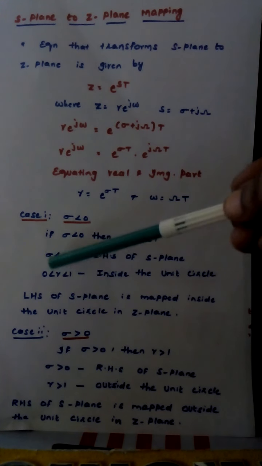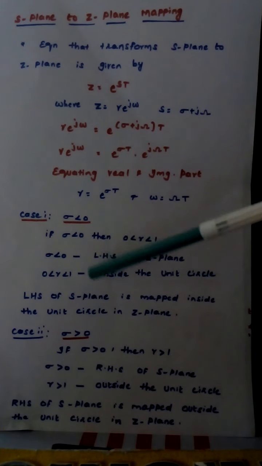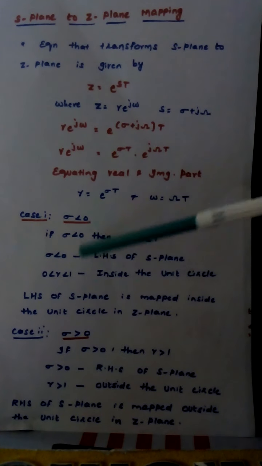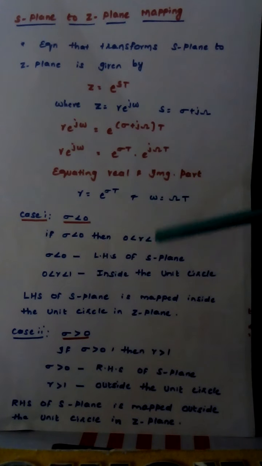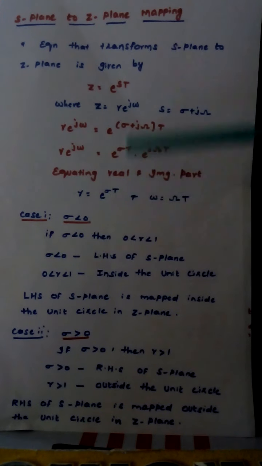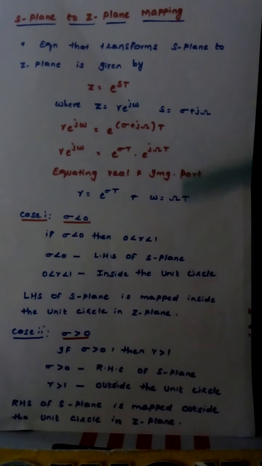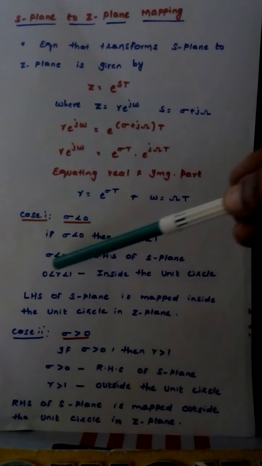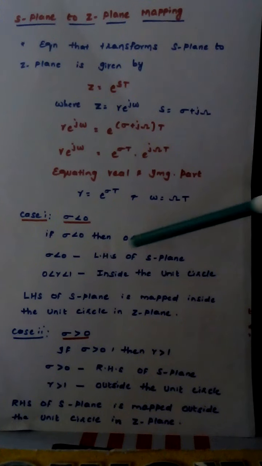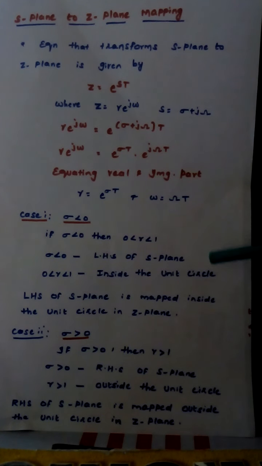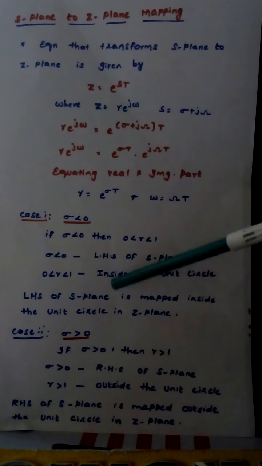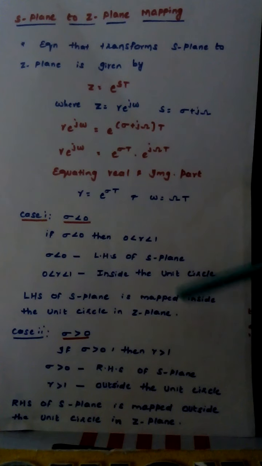That means if all the poles lie on the left hand side in the S plane, then in the Z plane, in the unit circle, R is less than 1, so all the poles lie inside the unit circle. Both are the same: the left hand side of the S plane is mapped inside the unit circle in the Z plane.